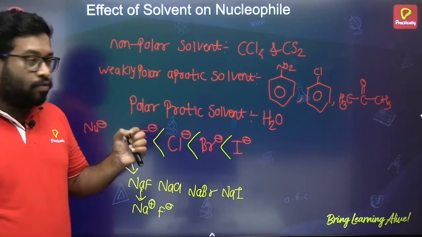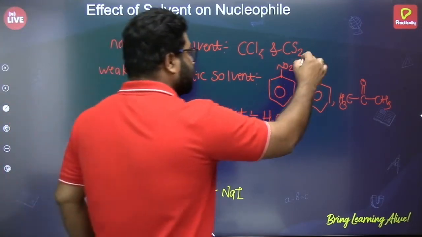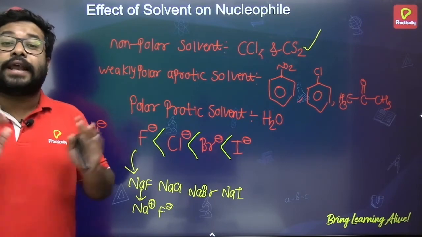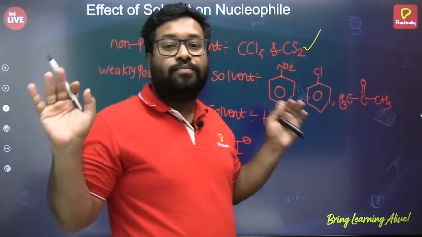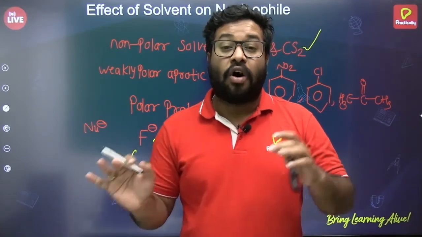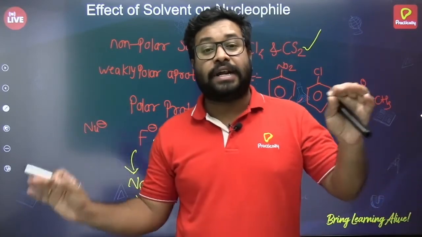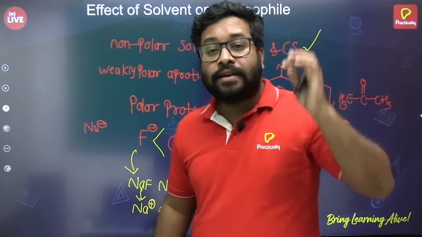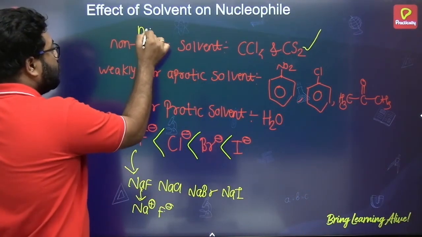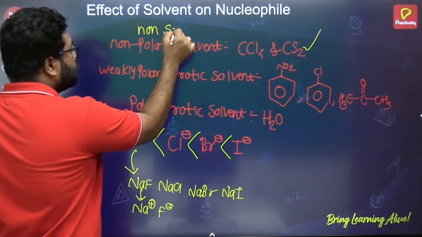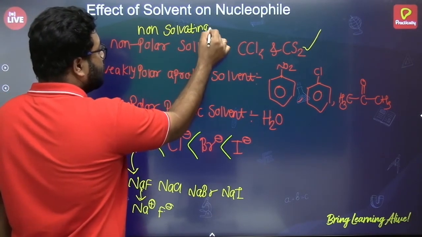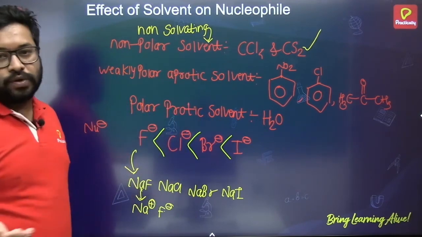Now let me tell you, if you are talking about the very first solvent, this non-polar solvent, it cannot solvate either a cation or an anion. They are completely non-solvating solvents. So basically I would write here, non-solvating.